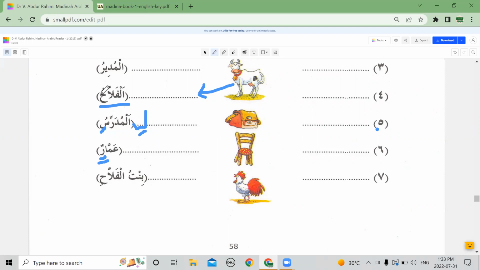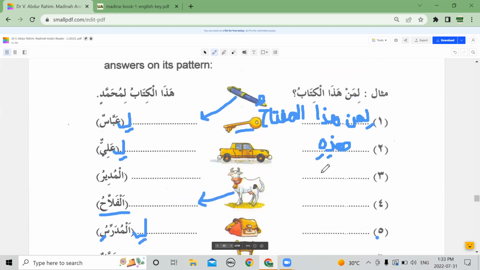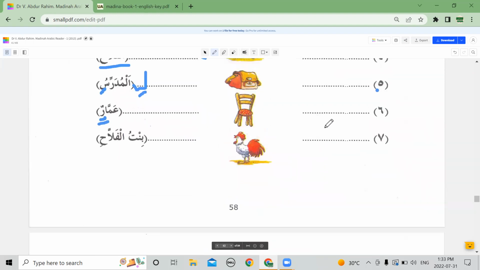Next one, what do you see here in this picture here? لمن هذا. So this is deek, right? This is a rooster. لمن هذا الديك؟ هذا الديك لبنت الفلاح.